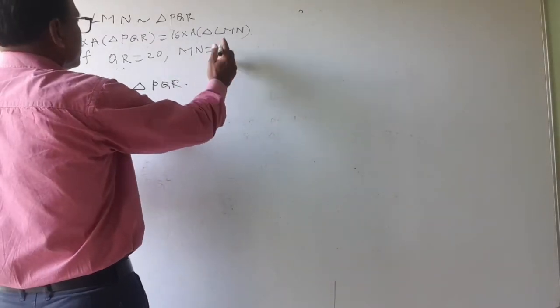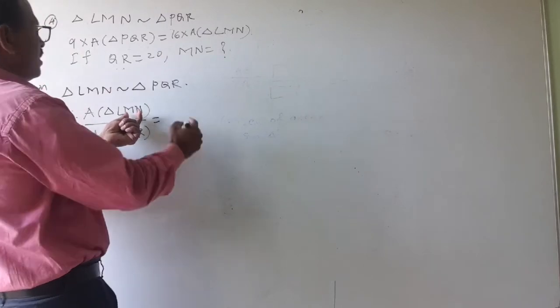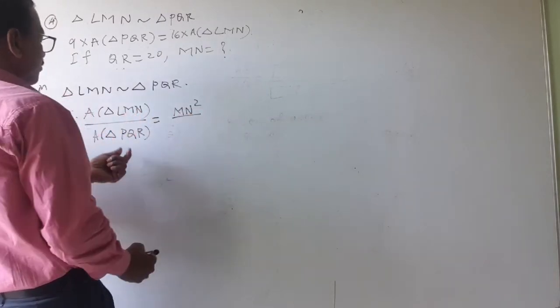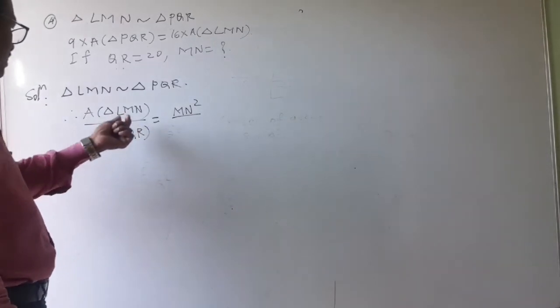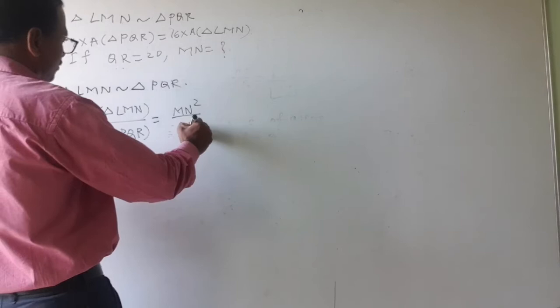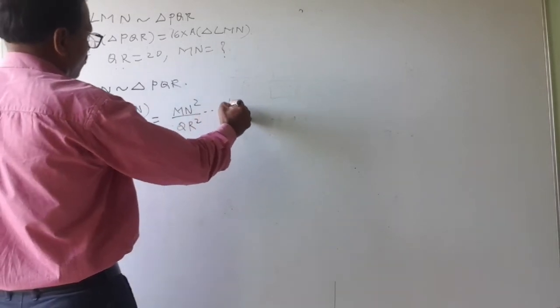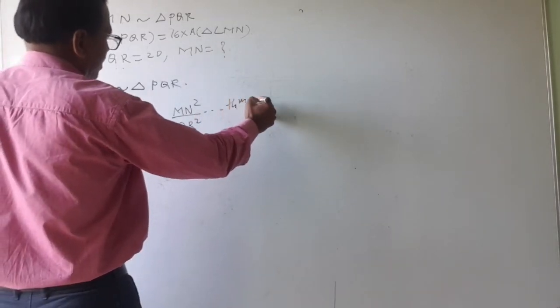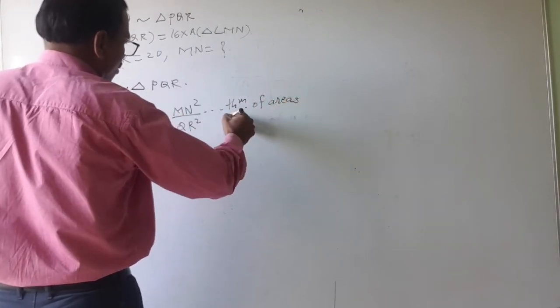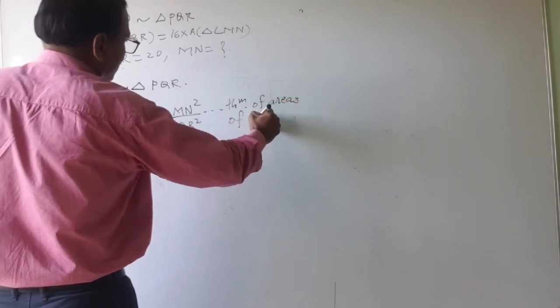MN is equal to question mark. That is MN square upon QR square. Reason: theorem of areas of similar triangles.